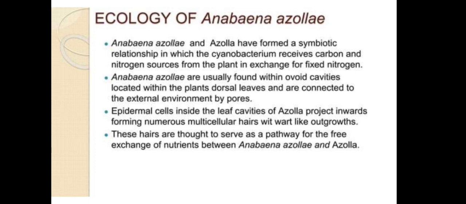Epidermal cells inside the leaf cavities of Azolla project inwards, forming numerous multicellular hairs with wart-like outgrowths. These hairs serve as a pathway for the free exchange of nutrients between Anabaena azollae and Azolla.